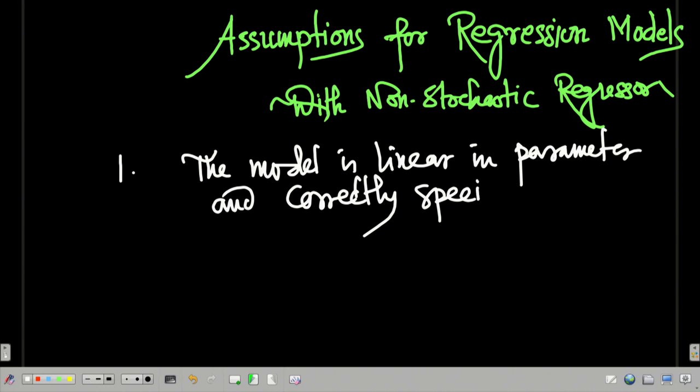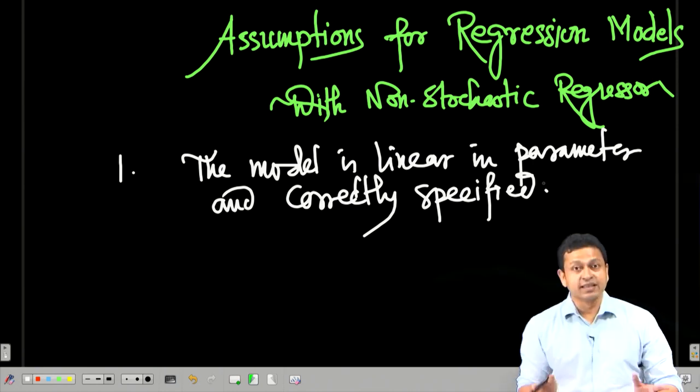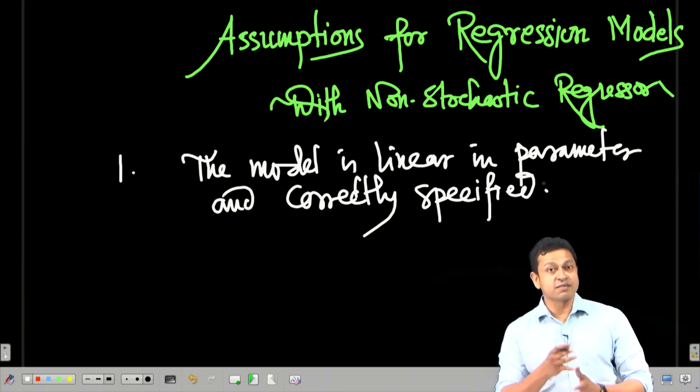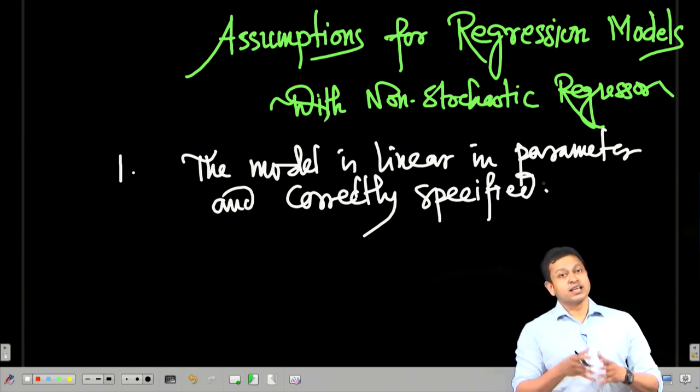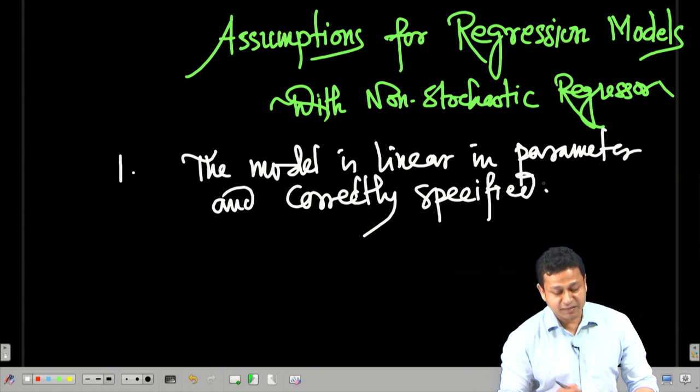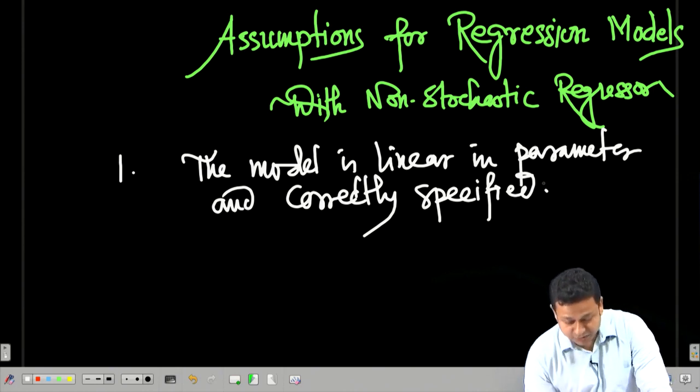You know what I mean here, right? When I say the model is linear in parameter, it means the parameters should not have any power, or any term that remains in the equation if I differentiate. Let us recap it.